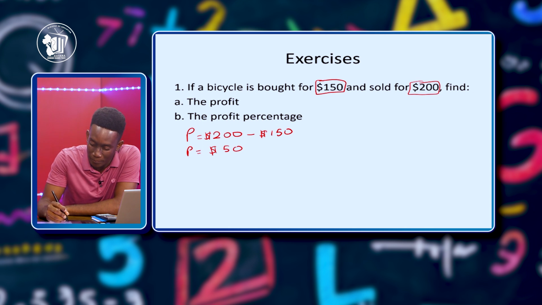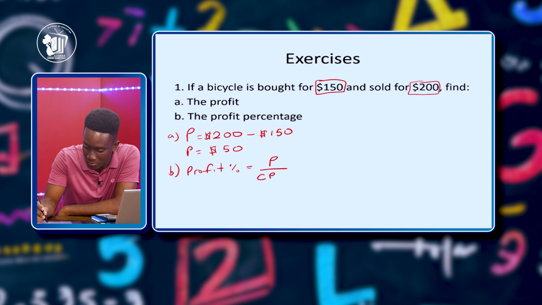Now you want to find the profit percentage. Profit percentage will be the profit over the cost price multiplied by 100. So the profit will be $50 over the cost price, which we saw in this case was $150, multiplied by 100.